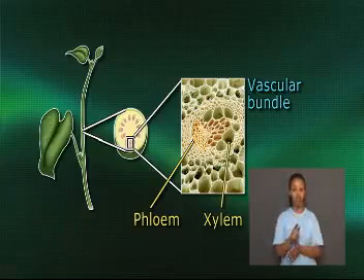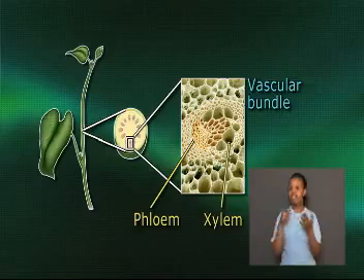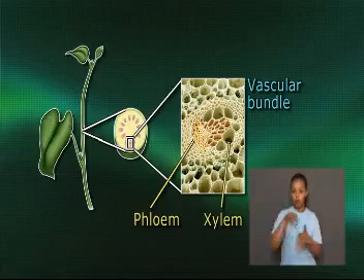Glucose is needed in all parts of the plant. The minerals plants uptake from the soil are also needed throughout the plant. Therefore, plants need a transport system to move the substances around that are made in the leaves and taken up from the soil.